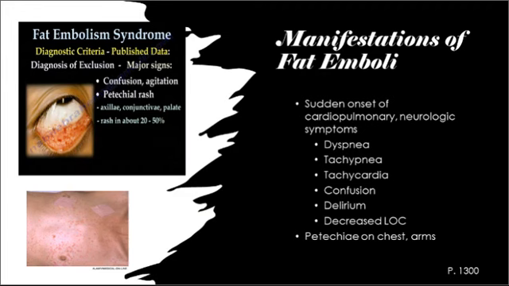Okay, so fat embolism. I put two pictures on here. This is your chest petechiae. Often it's across the anterior chest and the arms, sometimes into the axillary. There's a sudden onset of cardiopulmonary and neurological symptoms, both, with these fat emboli, because these fat emboli go everywhere.